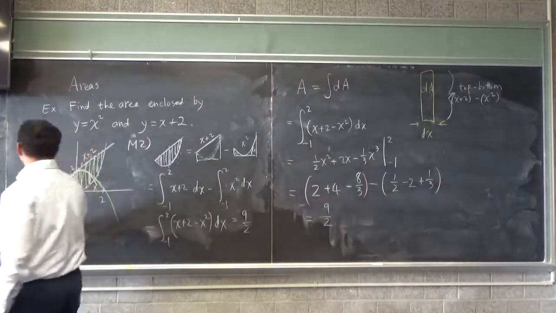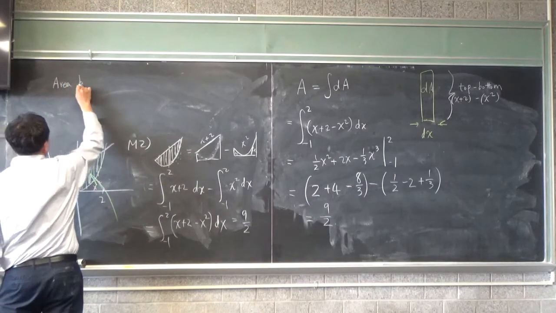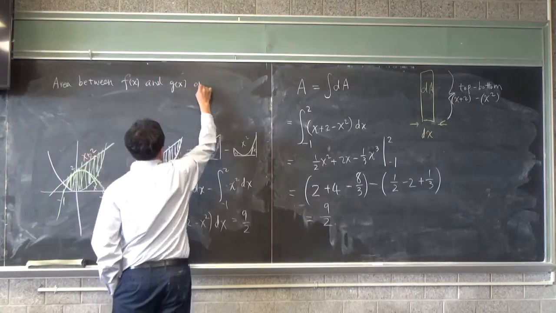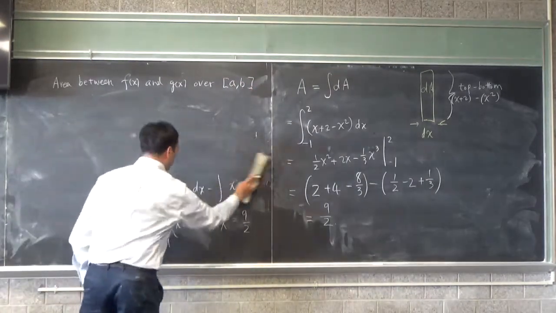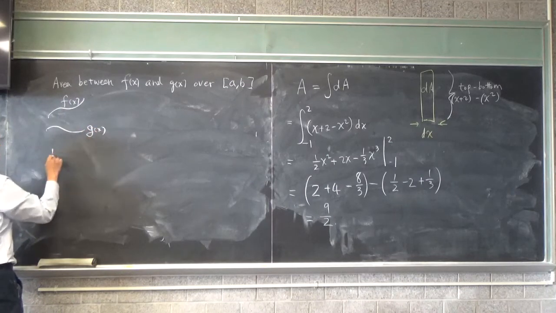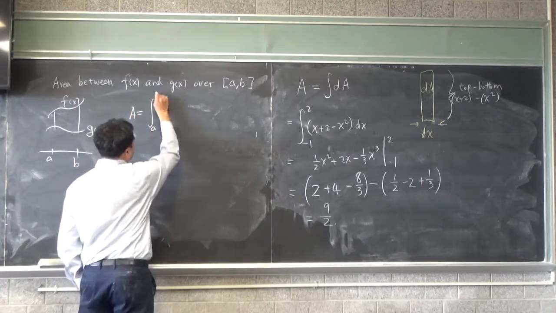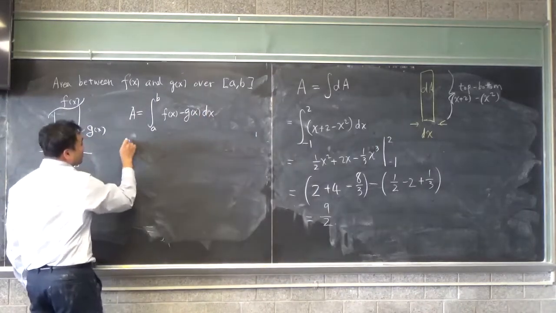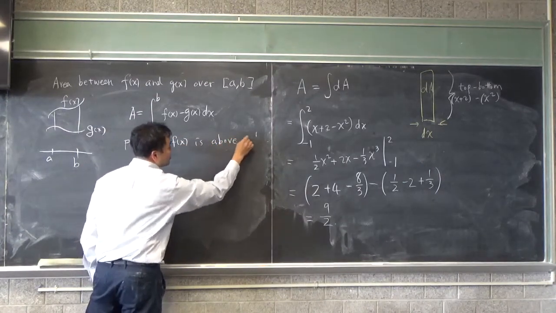Okay, so in general, this is true. The general formula is: the area between f(x) and g(x) over the interval a to b, so the picture is f(x) here, and here's g(x), and here's the interval a to b, is given by area equals the integral from a to b of f(x) minus g(x) dx, provided f(x) is above g(x).